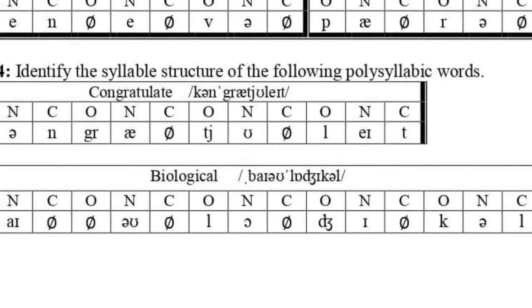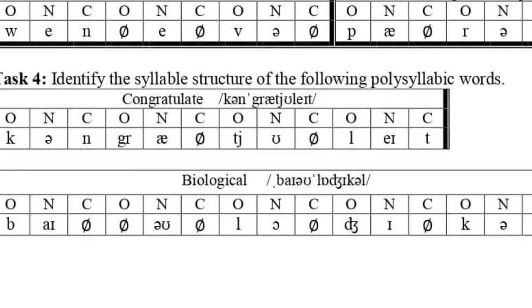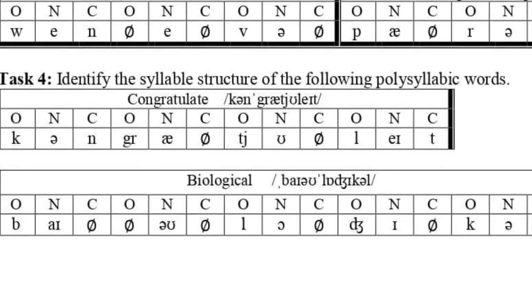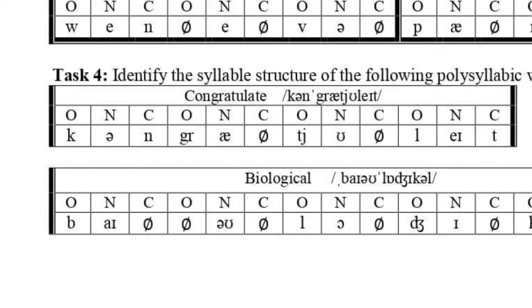We move to the last word, which is biological, which is composed of 5 syllables. So the first syllable, which is bi, it consists of the onset, which is b, the nucleus is the diphthong I, and the coda is 0 coda.